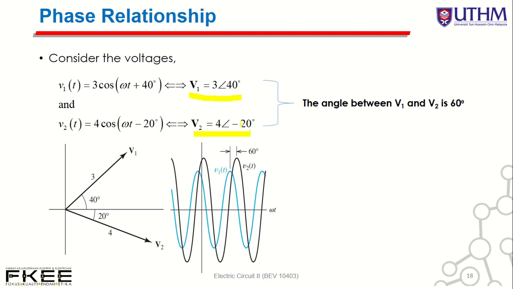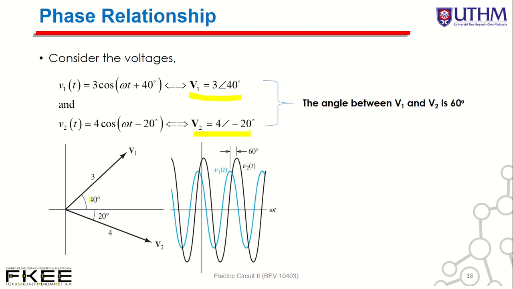So from this one you can draw the phasor diagram. Where is the position of V1? This is a real axis, this is an imaginary axis. Angle from 0, 90 and 360 degree anti-clockwise. This is the position of angle 40 degree.